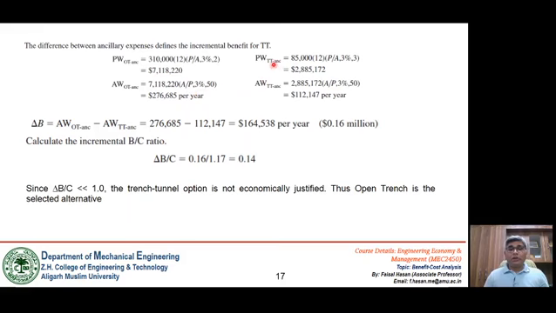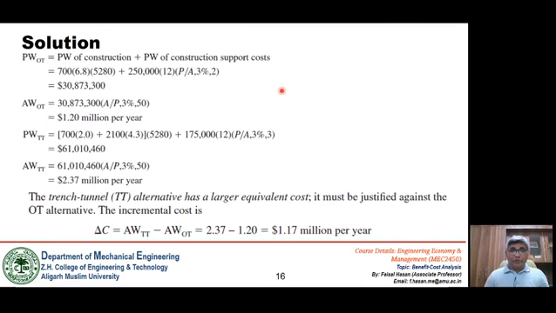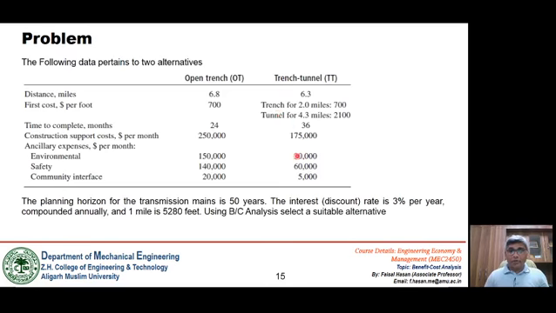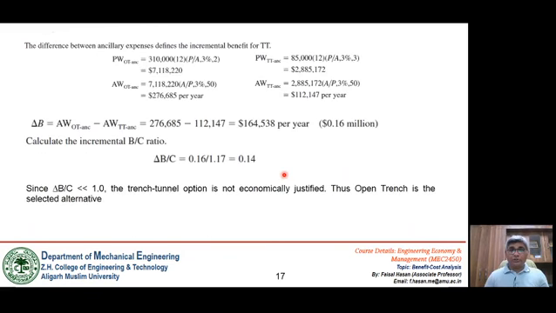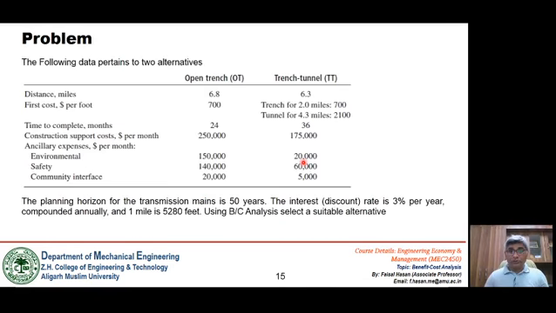Similarly for the tunnel trench, the total benefits is if we add all three: 50, 60, 70, 75,000. So if we see 85,000, 50, 60, there might be some calculation error. So 60, 70, 85, 80, 85.